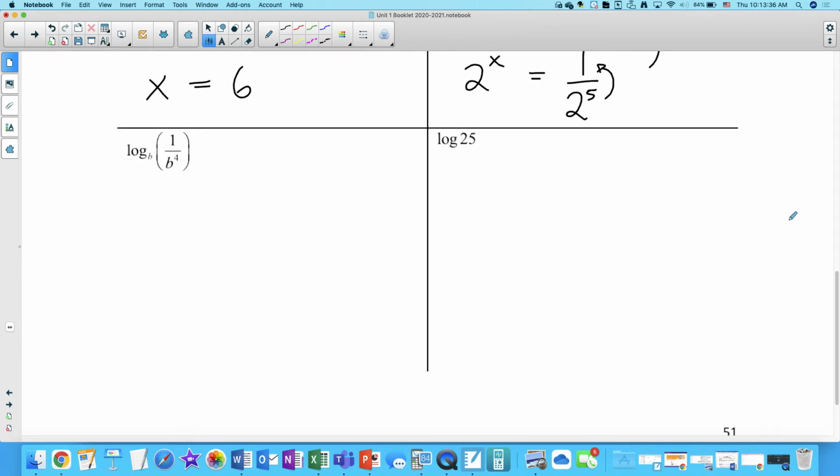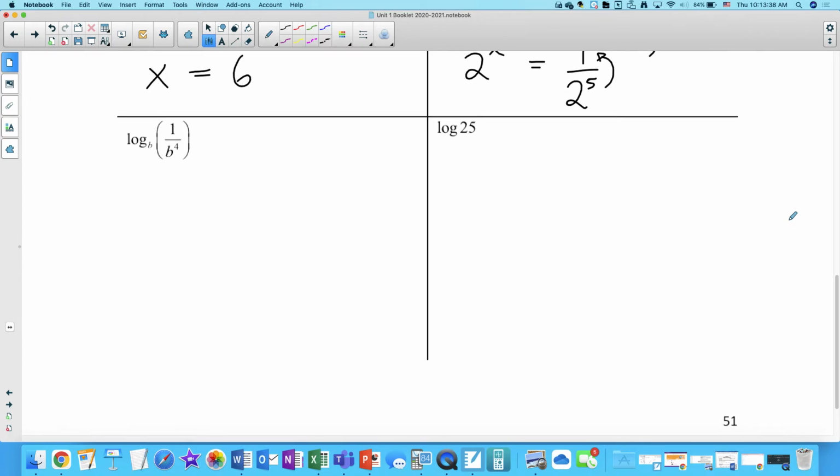So here we have a question where both the base and that value are written with variables. But let's just apply the same thinking. If I set this equal to x, then my base is b, my exponent's x, and that equals 1 over b to the 4.